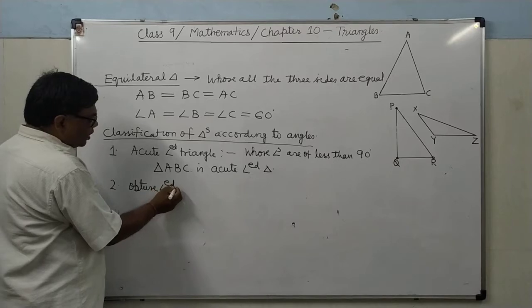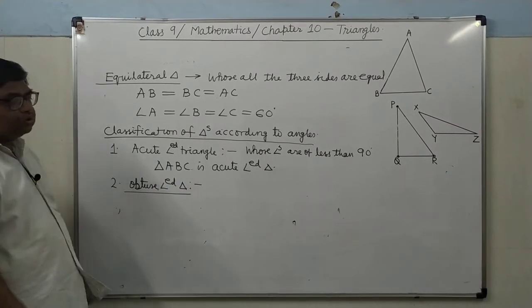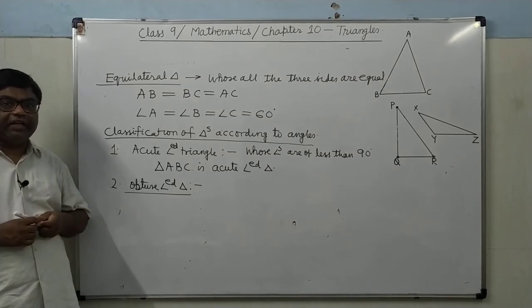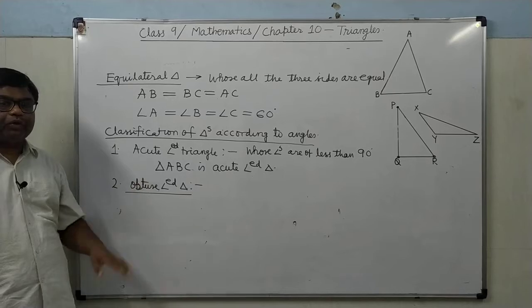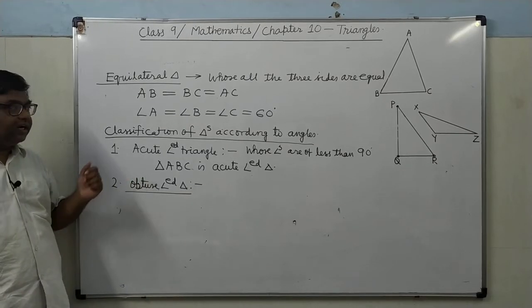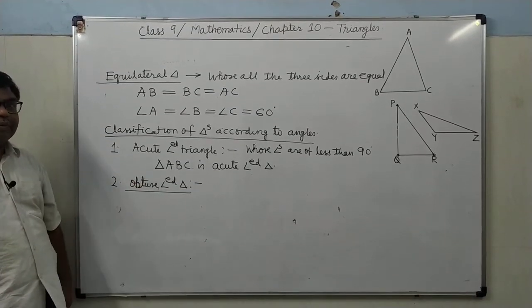Obtuse angle triangle is one whose one angle is more than 90 degrees but less than 180 degrees. As we know, an obtuse angle is an angle whose measure is more than 90 degrees and less than 180 degrees.